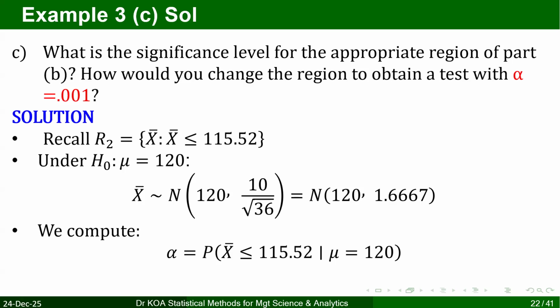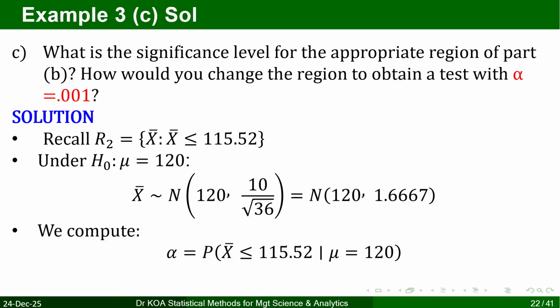The next part says, how would that significance level change? How would you change the region to rather get a test with a significance alpha of 0.1%? This is a beautiful question. In other words, how are you going to get a test of that value if you change? So this is an interesting question.